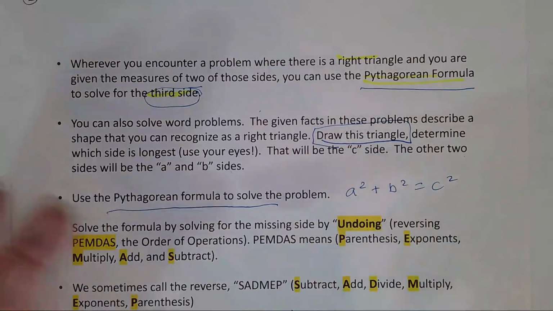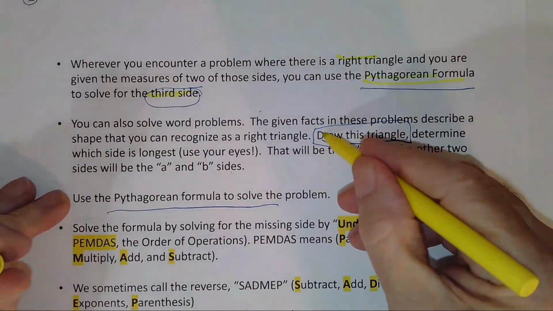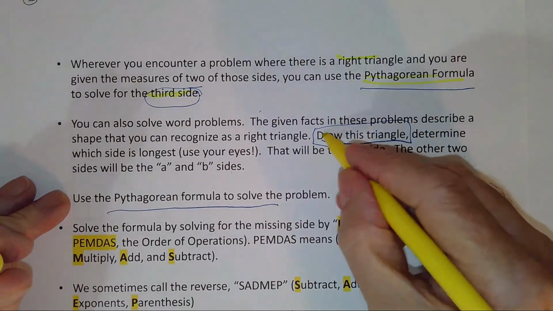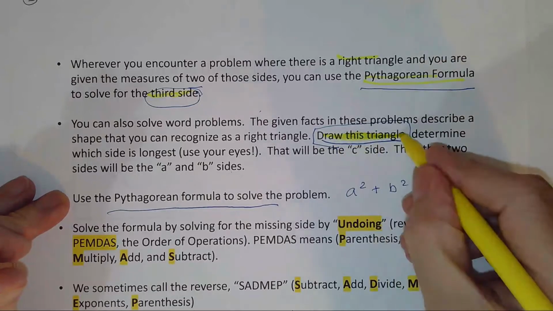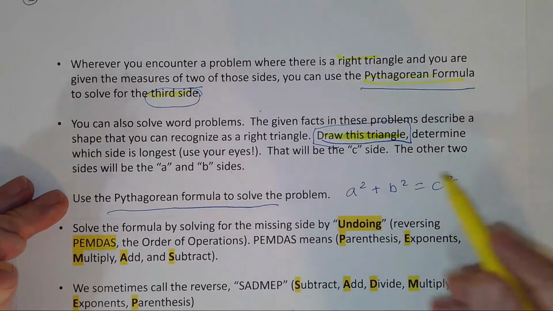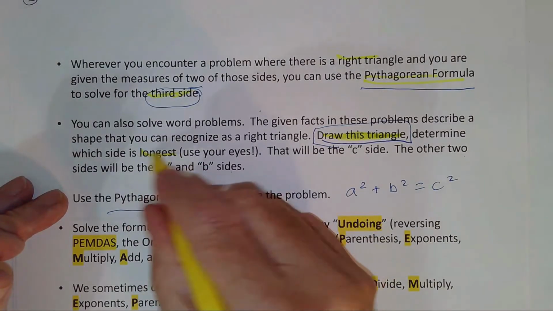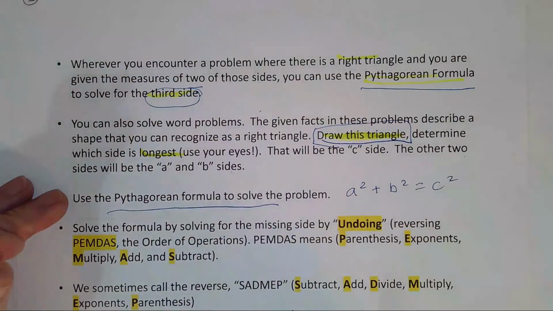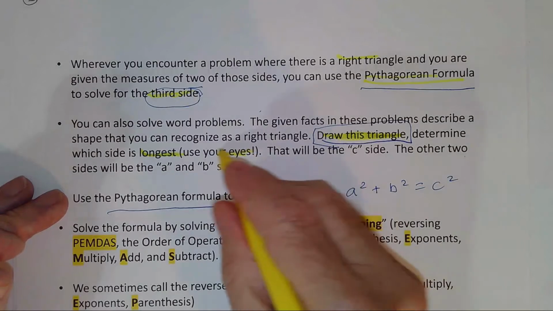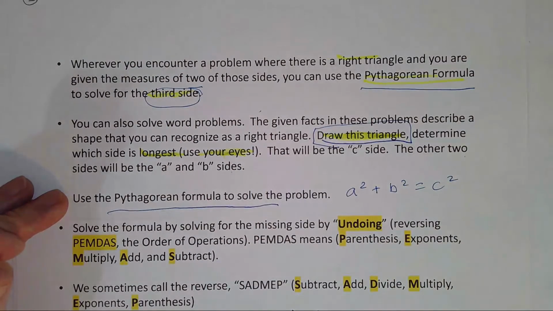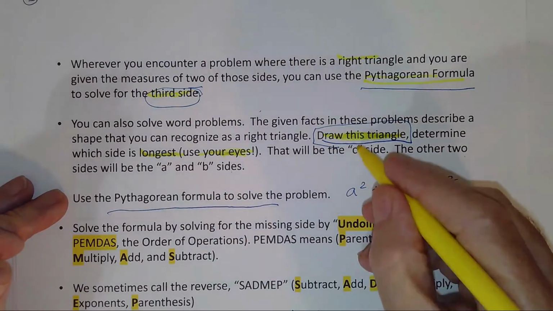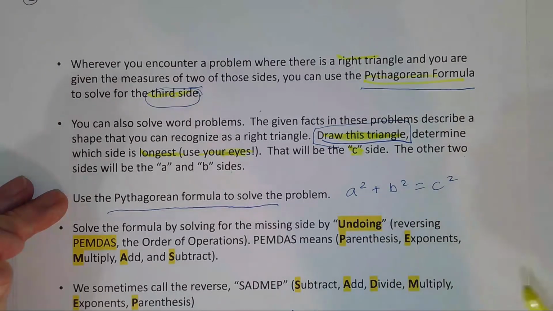Now, this is important. You've got to draw the triangle. Sketch it out. Make sure all the parts fit with the description in the problem. Determine which side is longest. That's extremely important. How do you find that out? Just use your eyes. This will be your C side. Remember we talked about the square of two of the sides, your A and B sides, equaling the square of the C side.